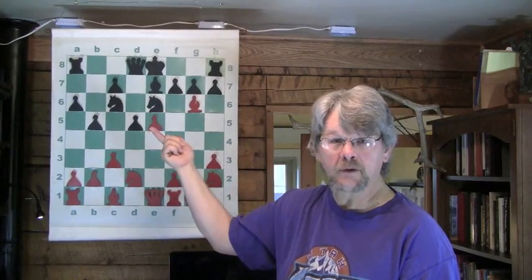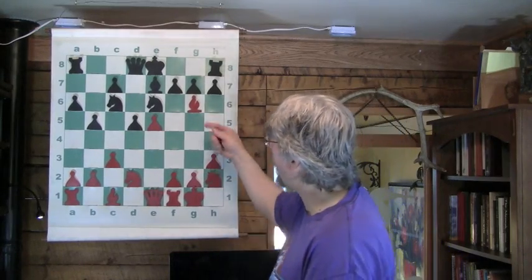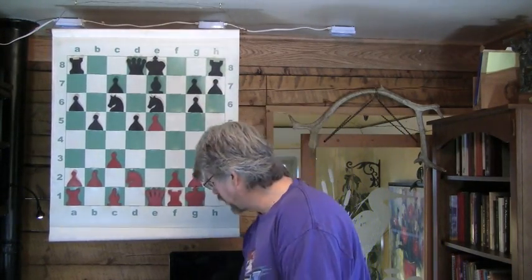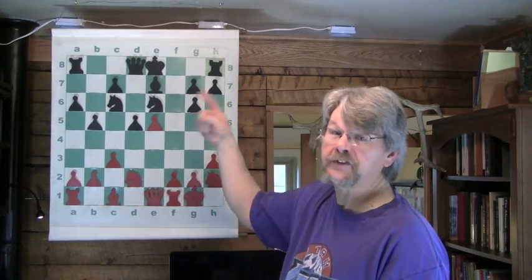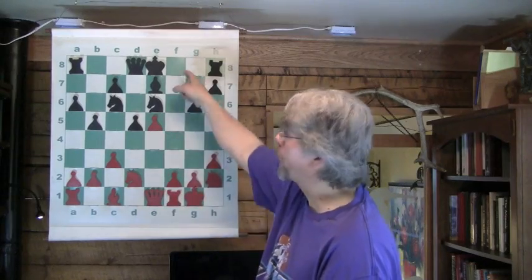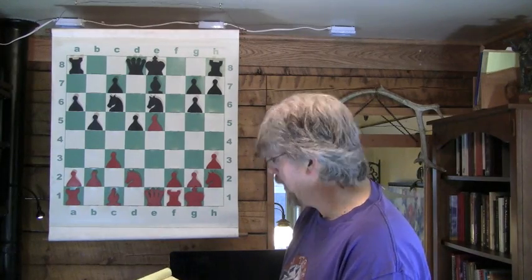Once you castle, if you've opened up the h file, you don't use it for your rook, right? So this is why Rubinstein took it with the f. Now when Rubinstein castles, it puts that rook right on that beautiful open f file, doesn't it? So this is why he took it with the f pawn and not the h pawn.